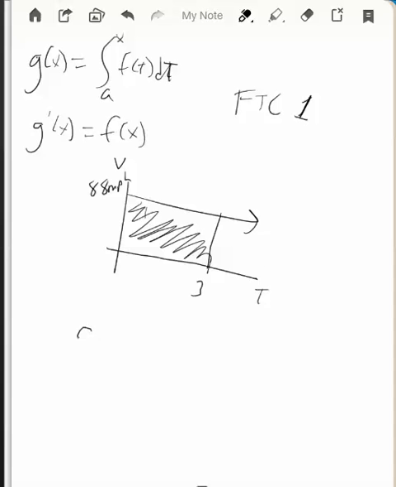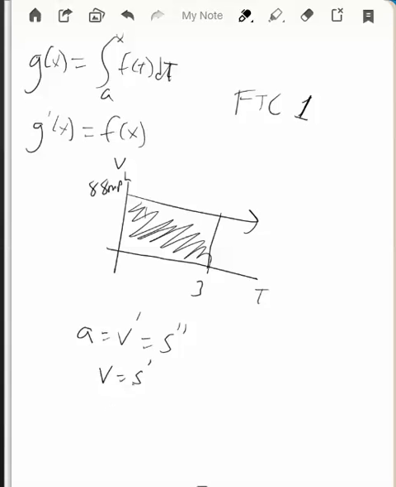Remember our position function versus velocity versus acceleration. Acceleration is the derivative of velocity, which is the second derivative of position. So I wanted to put this one too, because it probably makes more sense. Velocity is the derivative of position. The second derivative of position is the first derivative of velocity, which is acceleration. So let's go backwards.